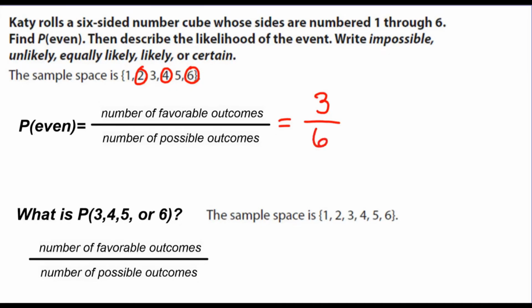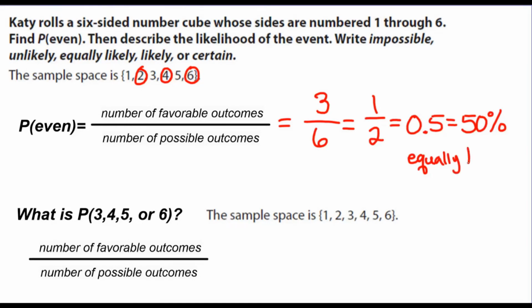There are 6 possible outcomes, so that is a probability of 1/2, 5/10, or 50% chance of rolling an even number, and this would be considered equally likely. You are just as likely to roll an even as you are to roll an odd, so equally likely.